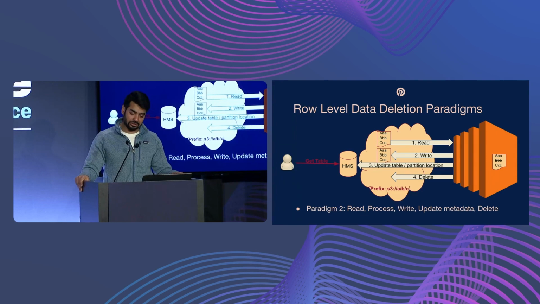What that allows you to do is write the new, filtered-out data into a separate location and atomically update the partition table pointer or location to this new location. That can help alleviate some of the problems with concurrent reads getting affected when the deletion is going on. And this is exactly what we used to do at Pinterest. We call the system Amnesia.